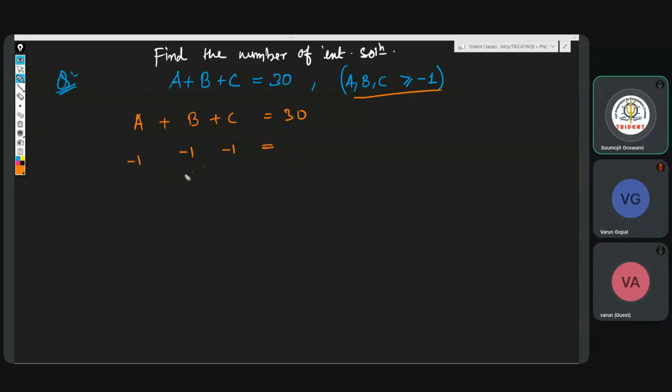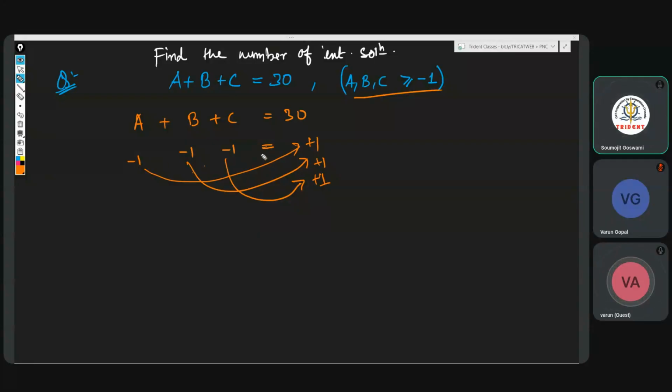Now please understand, if you're not paying attention, this is a +1, +1, +1. So don't suddenly do 30 minus 3 only.